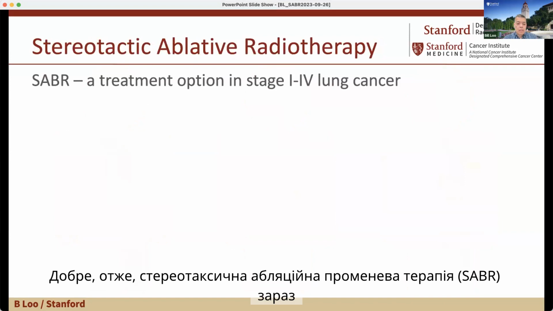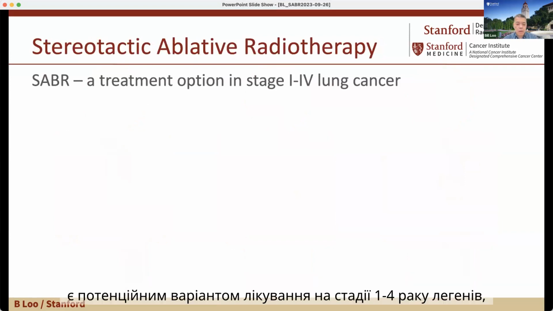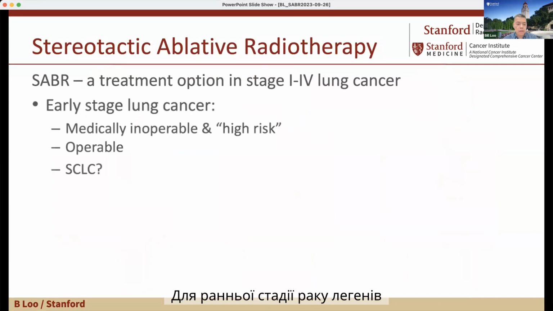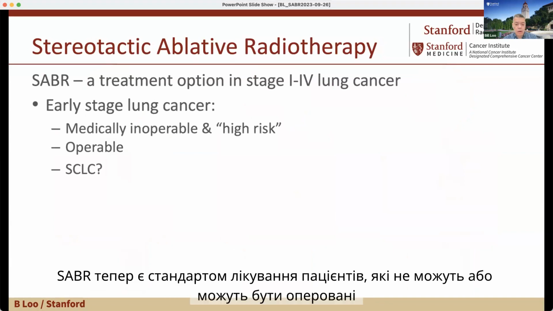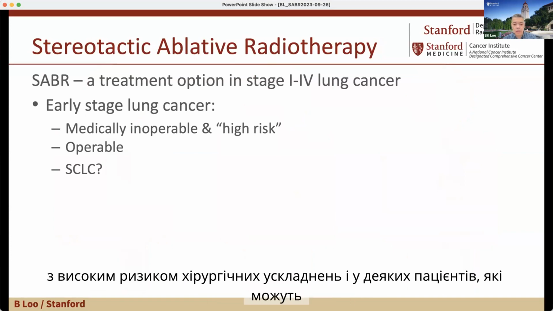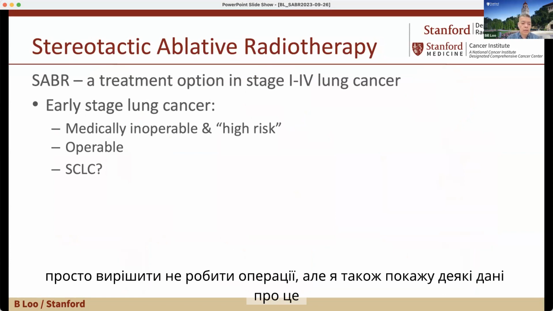Okay, so stereotactic ablative radiotherapy is now, I would argue, a potential treatment option in stage 1 to 4 lung cancer, as we'll talk about. In early lung cancer, it is now the standard of care for patients who are unable to have surgery or who may be at high risk of surgical complications, and some patients who may just choose not to have surgery.